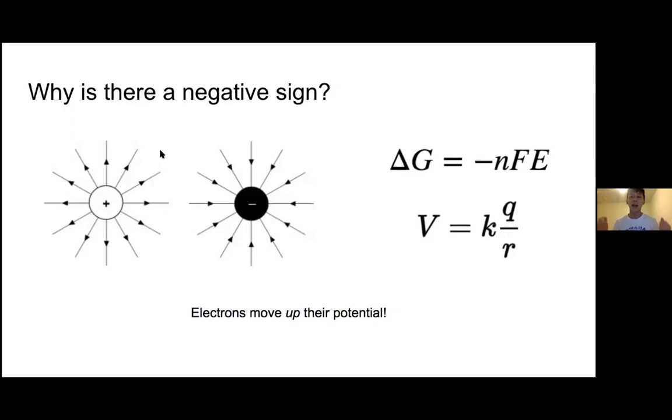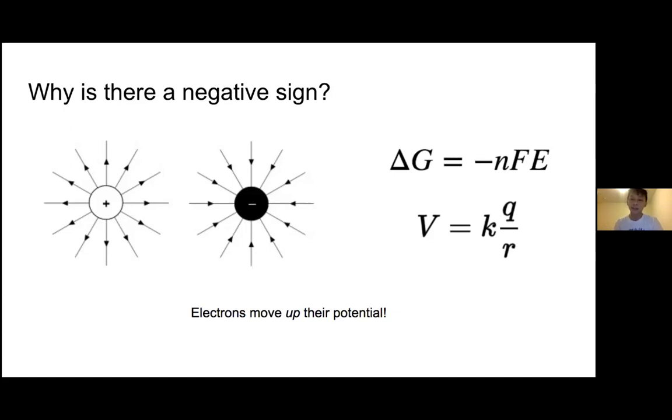So if I place an electron into a potential generated by a positive source charge, R decreases, right? If R decreases, V increases. Do you guys see that? If the denominator gets smaller, then the whole thing gets bigger. So when we have a positive source charge and a negative test charge, like an electron, the electron moves towards higher potential, higher V.